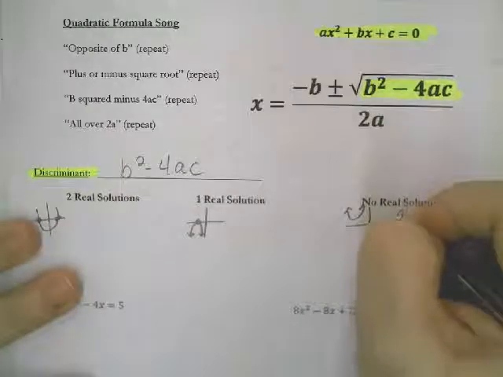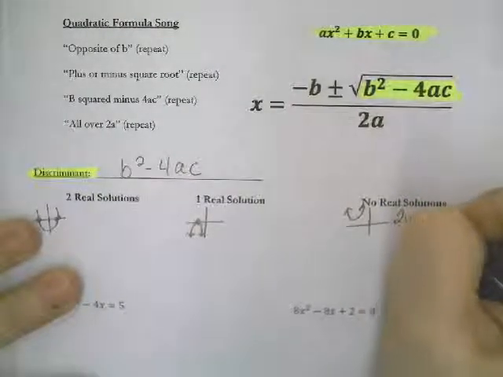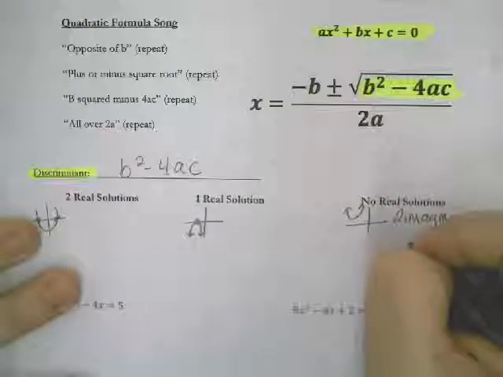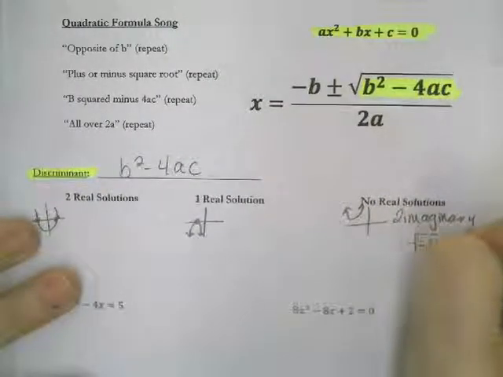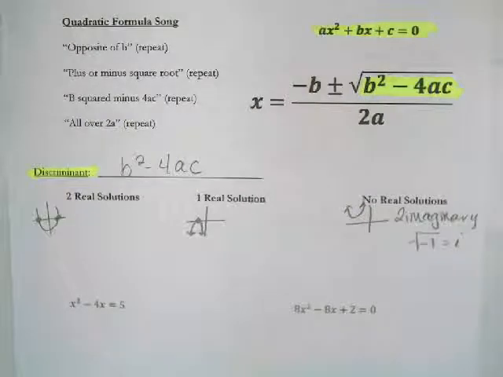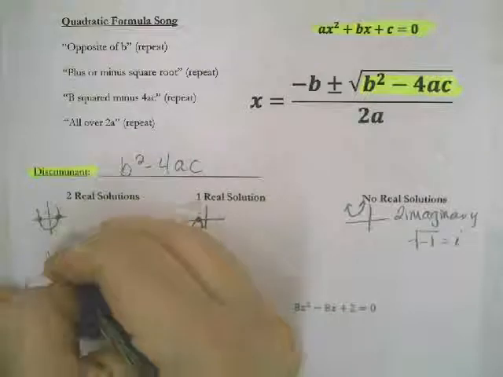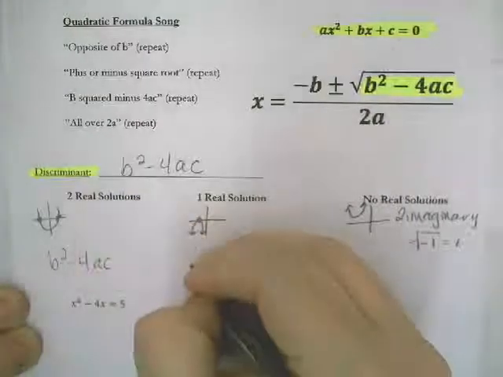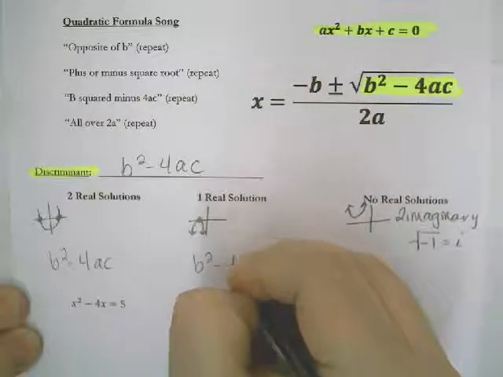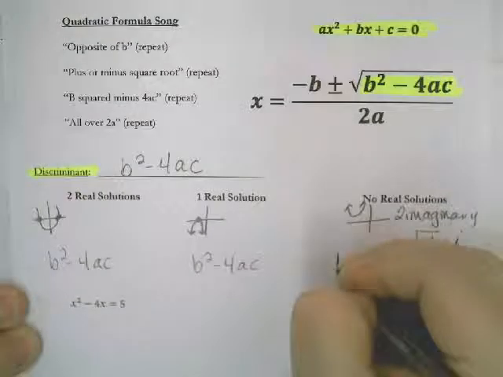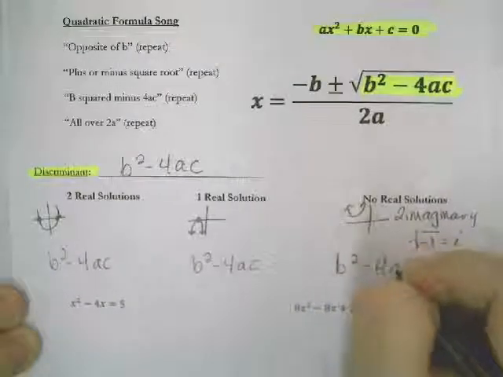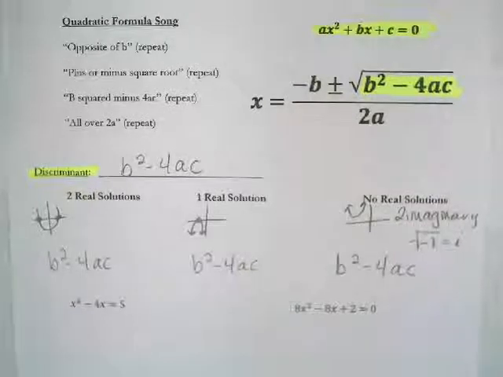All right, so when I look at my discriminant, there are three things that can happen. My discriminant can be a 0, it can be a positive, or it can be a negative. When my discriminant is positive, that means I'm taking the square root of a positive number, which will give me two answers.